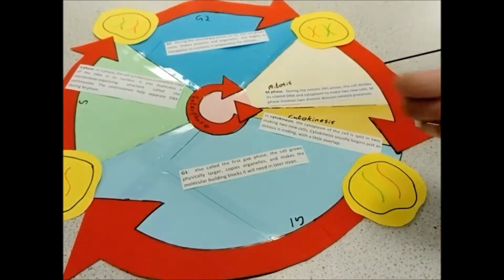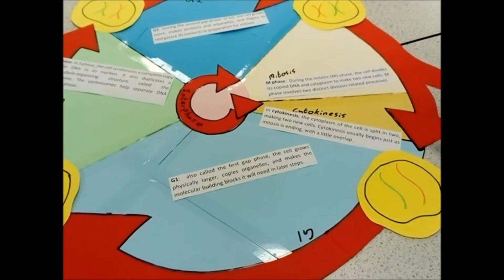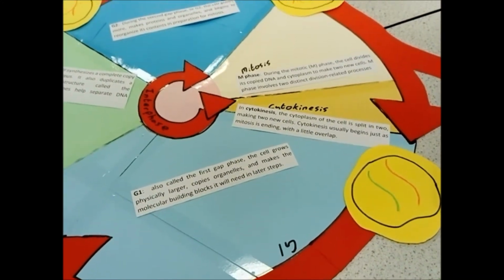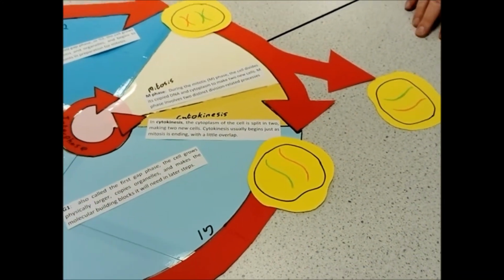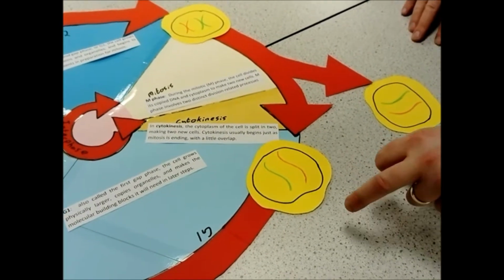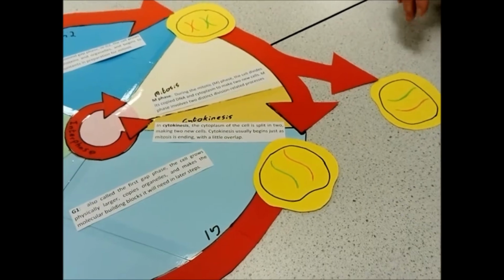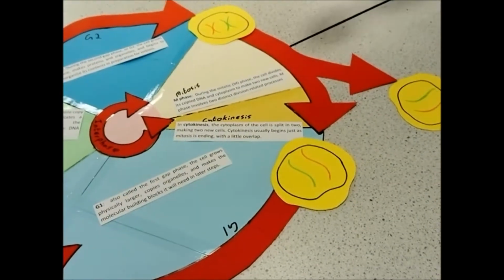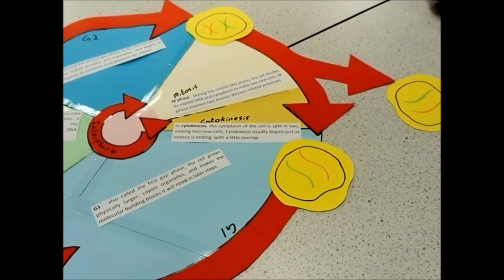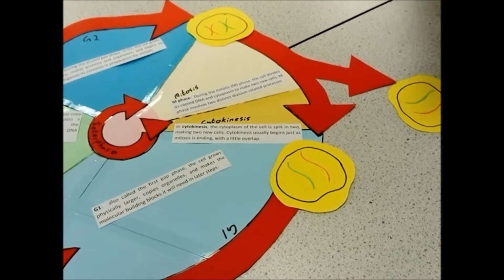All cytokinesis is the one cell splitting into two cells, which are both going to have an equal number of chromosomes. You can almost think of it as cyto, a bit like cytoplasm, and kinesis to chop.